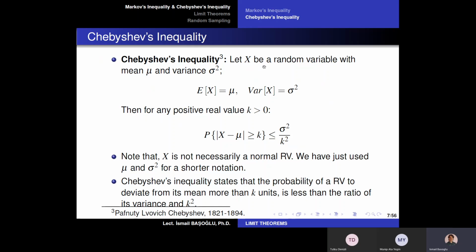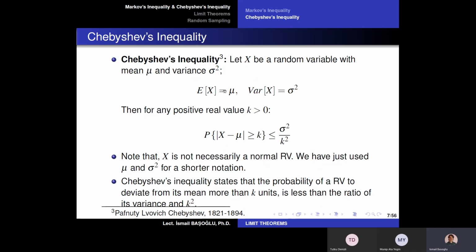But by the way, we do not know the distribution of x again. Just like in the previous inequality, we do not know its distribution, but we know that its expected value is equal to mu and its variance is equal to sigma square. Now, please be careful, my friends. Just because I am using these symbols does not mean that x is normally distributed.